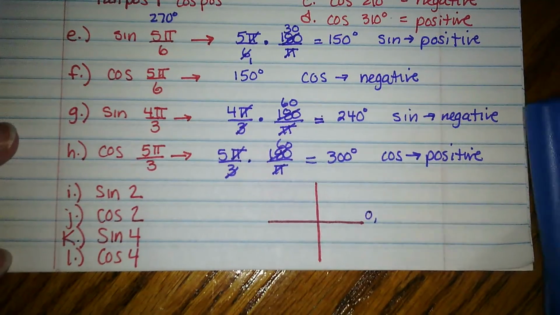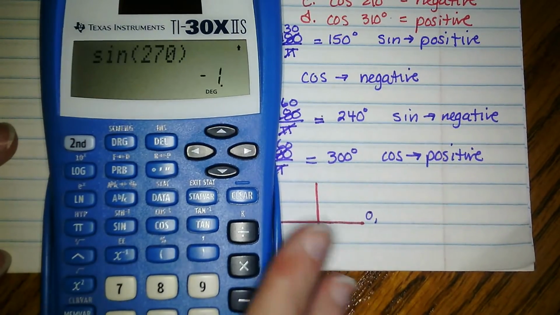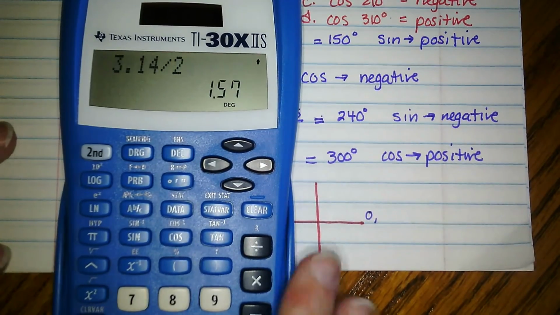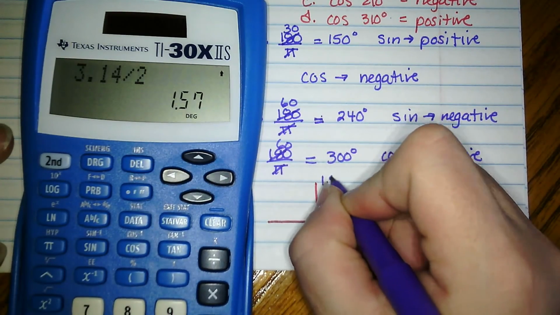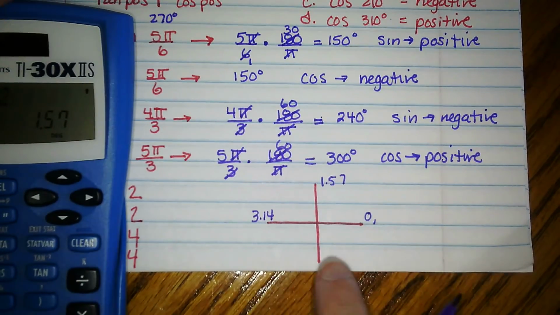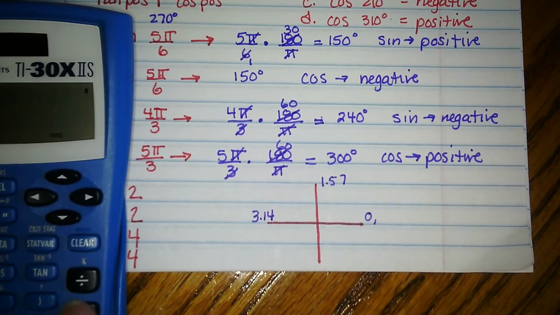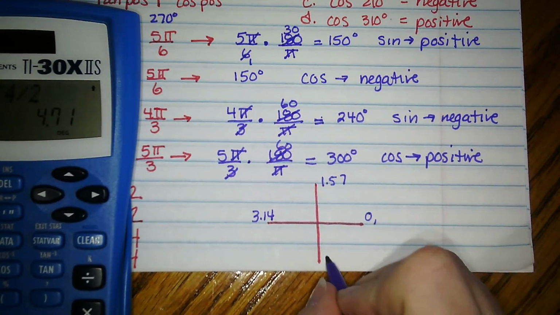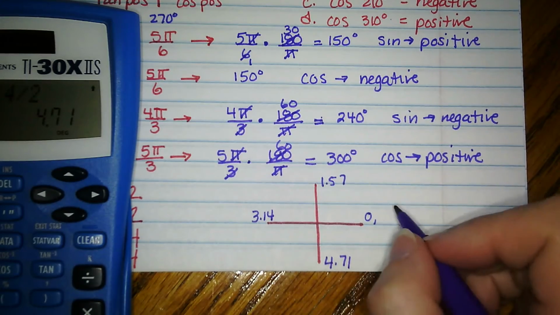Pi over 2 means 3.14 divided by 2. Numerically, that's 1.57. And then pi is 3.14. And then this one is 3 times 3.14 divided by 2, which is 4.71.